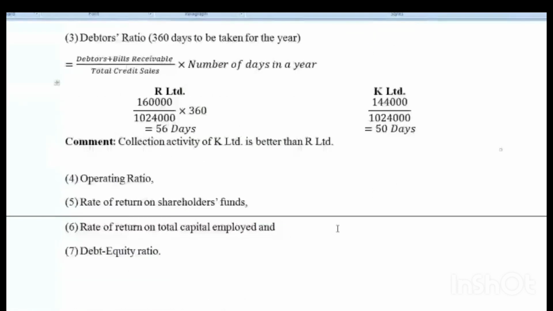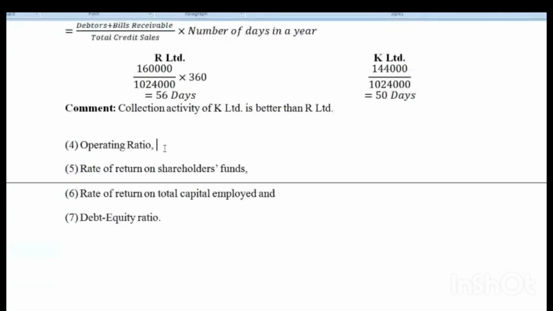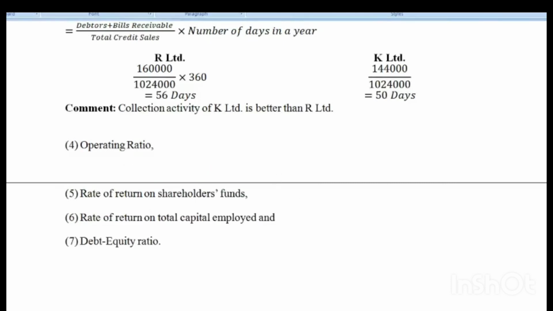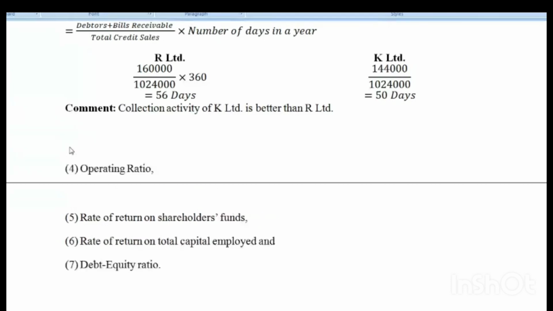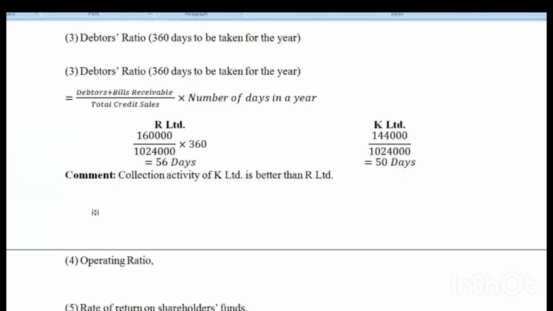Getting? Okay. Next is the operating ratio. Do you know the formula of the operating ratio? First we put the formula.